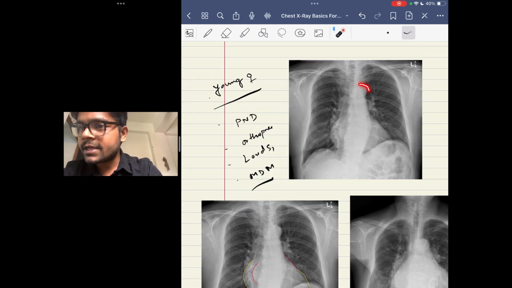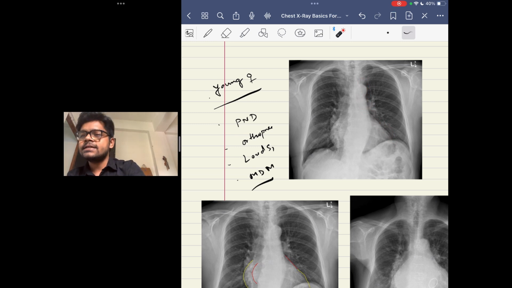This is the aortic knuckle, this is the pulmonary bay, this is that of the left atrium, and this is the left ventricle. It should be like this. But can you see that there is straightening of the heart border, and the right heart border seems to extend more on the right side.